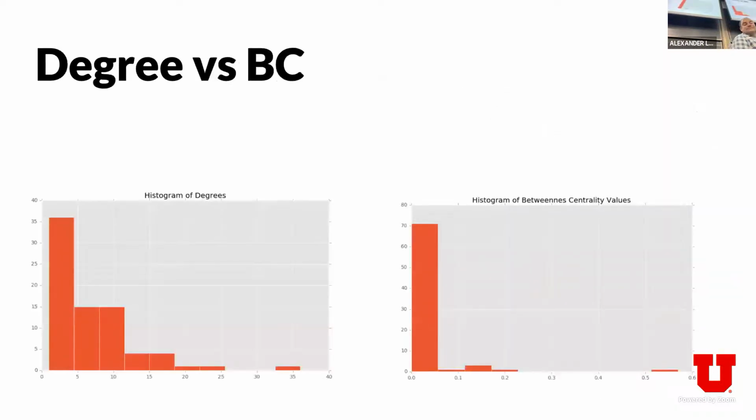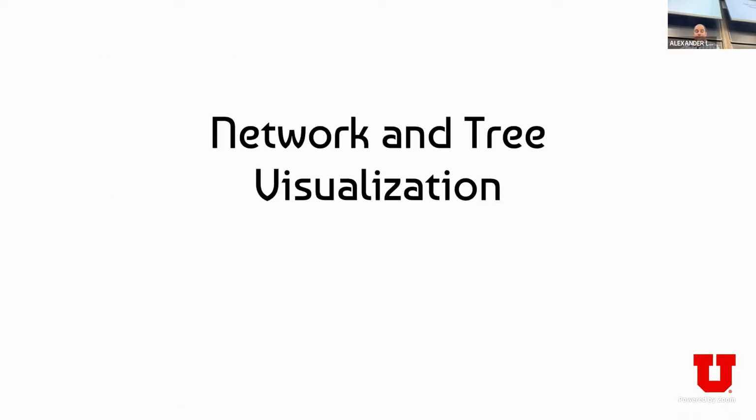If we compare the betweenness centrality and the degree, we see that typically in a network like this, the betweenness centrality tapers off even quicker. There are very few nodes that are super important in the network, but many other nodes that are not so important. Whereas in the histogram of degrees, there are a few nodes that have a degree of 25, for example.